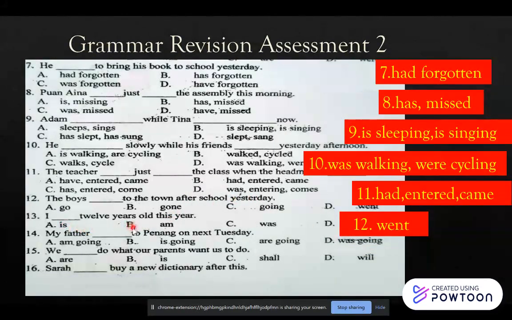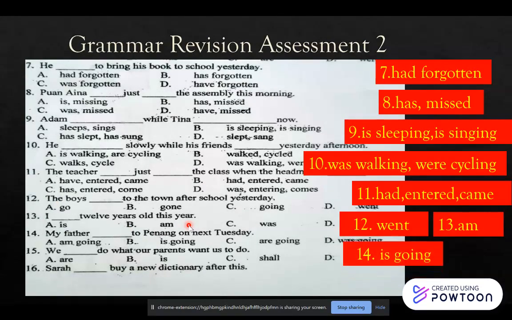Okay, I just gave you the answer: "I am" 12 years old this year. So the answer is "I am", because it's a singular subject and you're talking about this year, which is in the present. All right, it's present tense. My father is going to Penang next Tuesday.